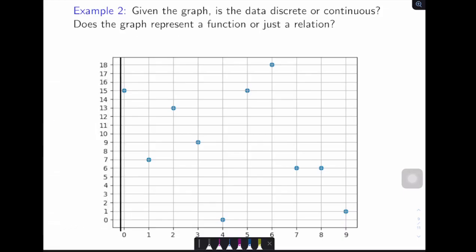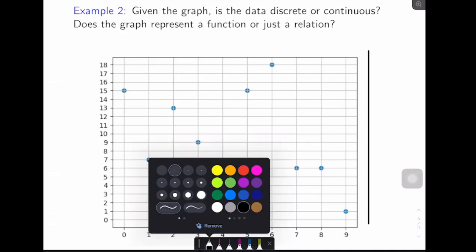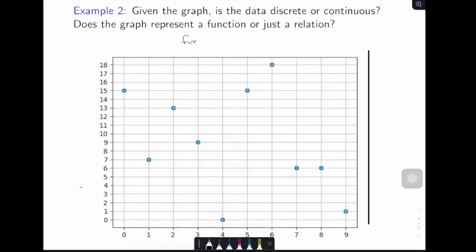Okay, so I can see right there I'm only going to cross one x, another one, another one, another one, another one. And as I continue on, I can see here that I'm only going to cross any x's in exactly one place. So we do know that this is actually a function. So let's answer the second question. Let me change my marker back. This is a function.